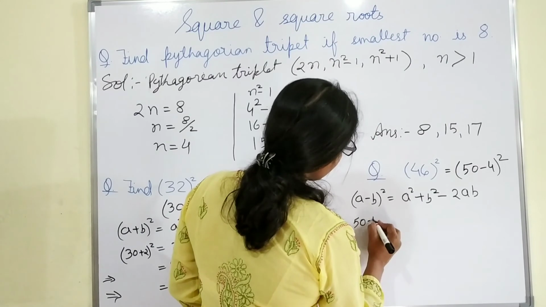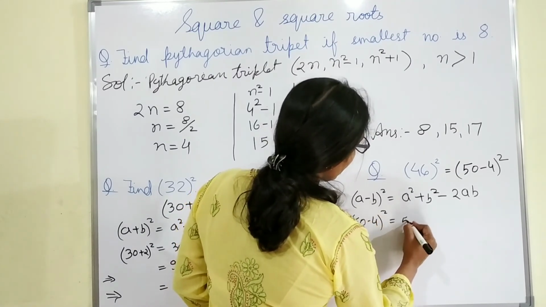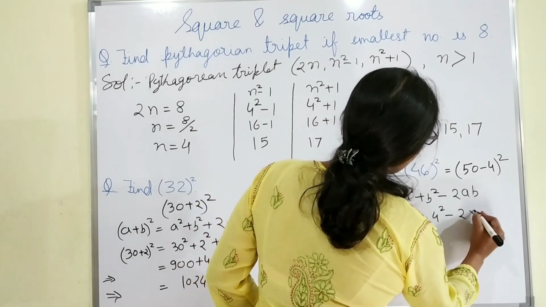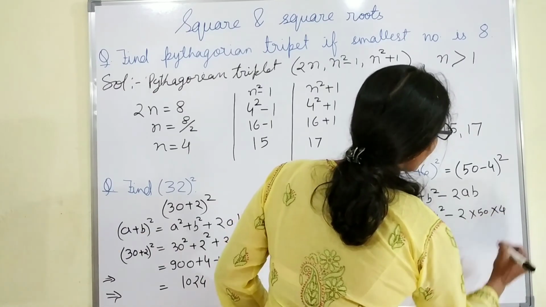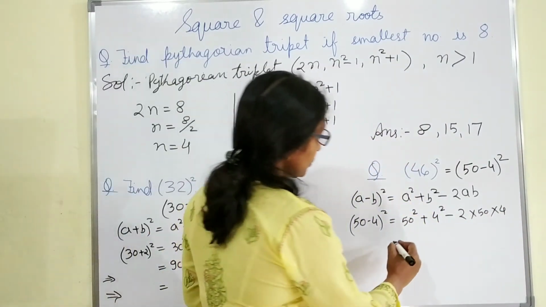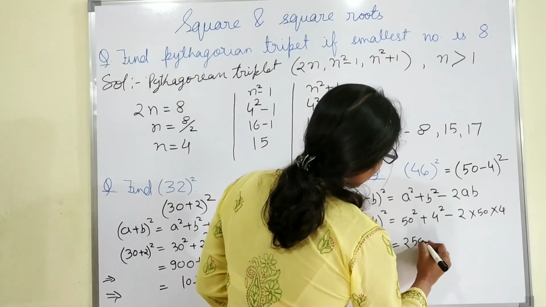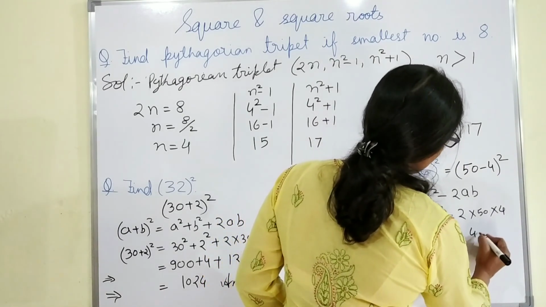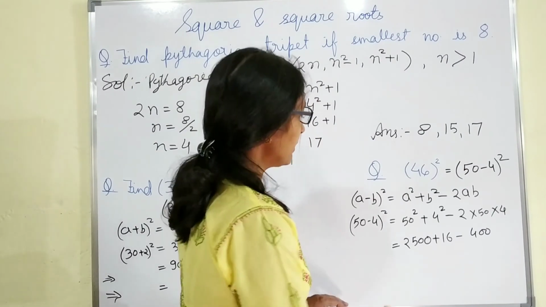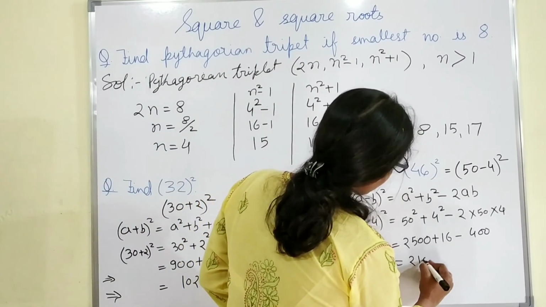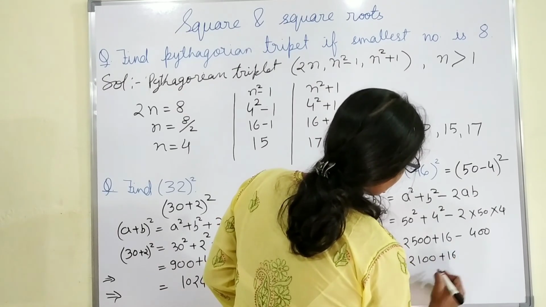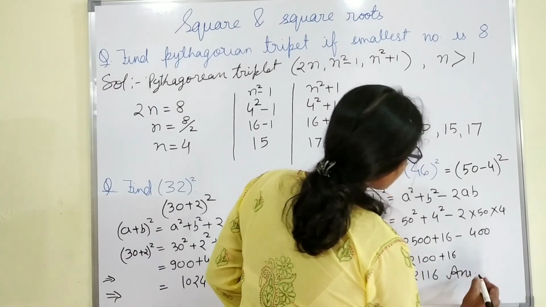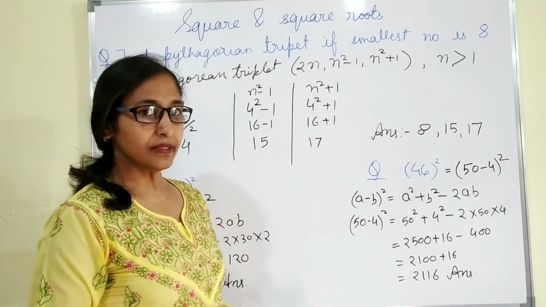So 50 minus 4 whole squared equals 50 squared plus 4 squared minus 2 into 50 into 4. So 2500 plus 16 minus 400. Okay. So the answer will be 2116. So its value is 2116.